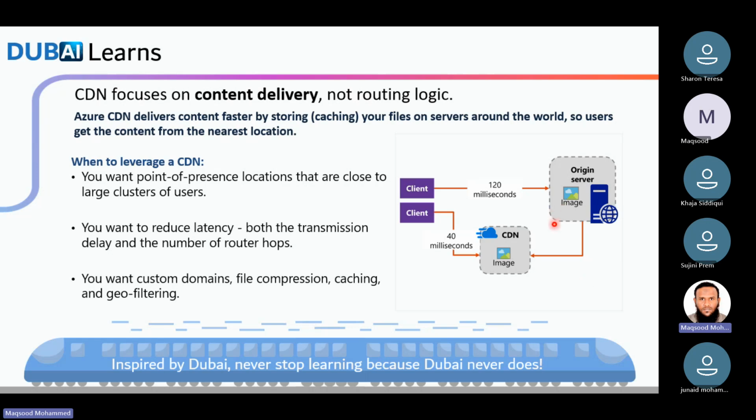So you can choose to deploy CDN, and Azure provides you an option for that. You might have your server in a different region, or you can deploy CDN to the nearest POP. Point of presence is nothing but a POP; every cloud provider has POP locations apart from their data centers.